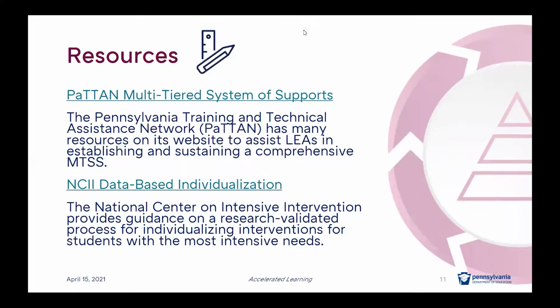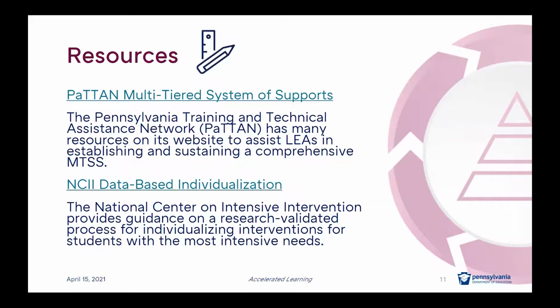On your accelerated learning guide, you will find links to a number of resources for you to explore to learn more about strategic and intensive supports. The Pennsylvania Training and Technical Assistance Network has many resources on its website to assist LEAs in establishing and sustaining a comprehensive multi-tiered system of supports, MTSS, for academic, social emotional learning, and behavior.